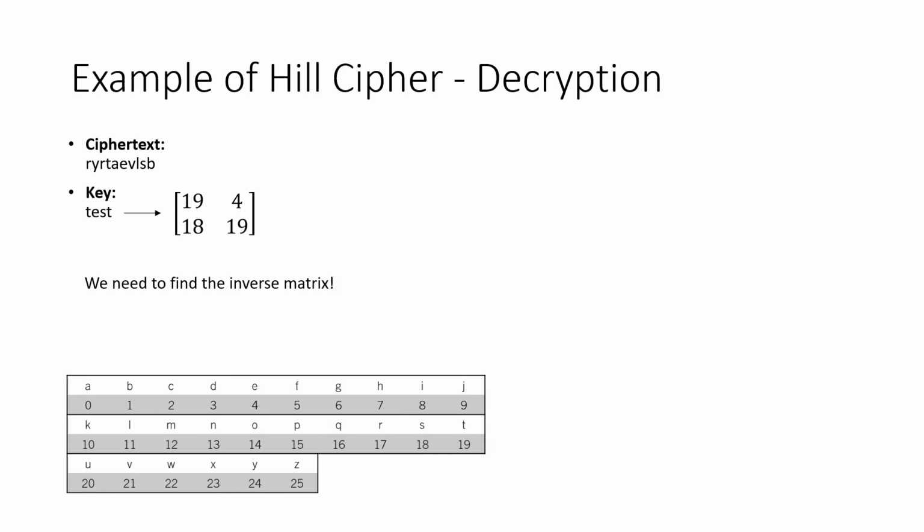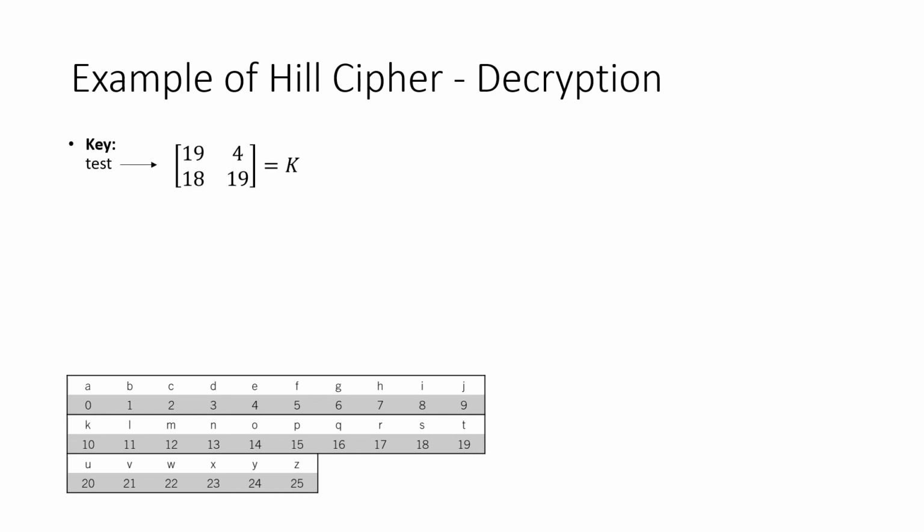We know that the inverse matrix does exist because this is a permissible key, and we've shown this before. So now we need to find the exact value of that inverse matrix before we can move forward in our decryption. So for the next few parts, we are going to focus on finding the inverse.